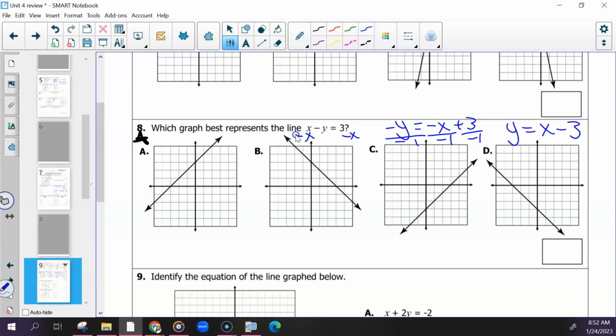Which of these graphs match that answer? Say that again, whoever said that. We have a negative 3 y-intercept. Our slope is up 1, right 1. C is right.